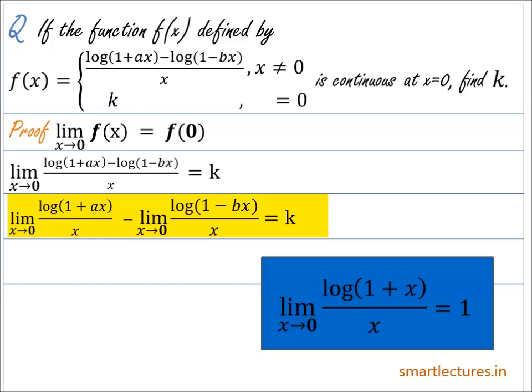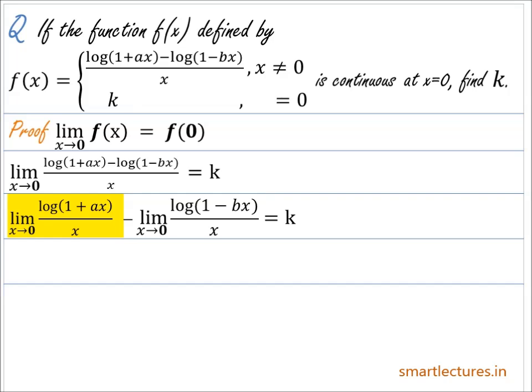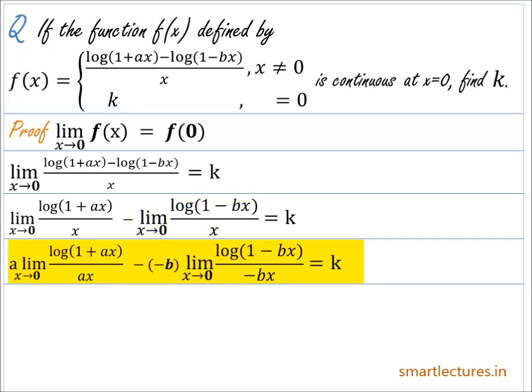So for that, we multiply the numerator and denominator by a in the first part, and in the second part we multiply the numerator and denominator by minus b. So now this equation becomes a into limit x approaches 0, log of 1 plus ax upon ax, minus b limit x approaches 0, log of 1 minus bx upon minus b into x, is equal to k.